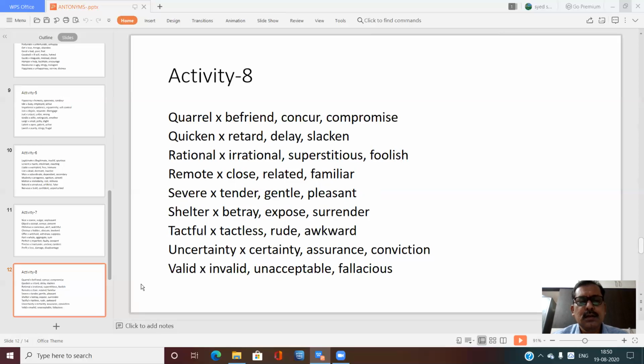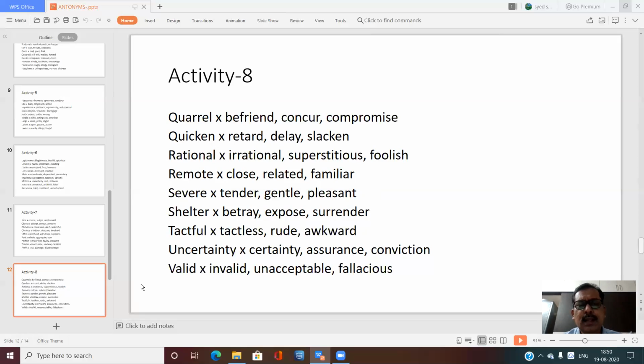Shelter. Opposite word: betray, expose, surrender. Betray means a person who is a traitor. Next, tactful. Tactful means skillful.